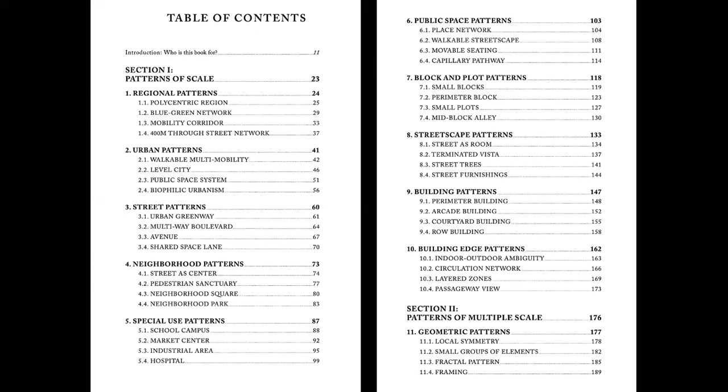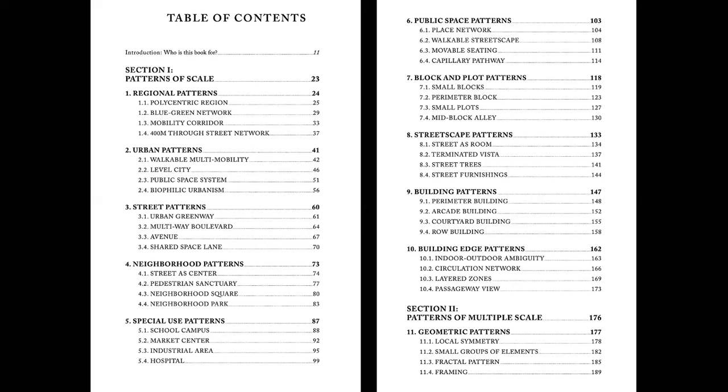And you'll see that a lot of these patterns look similar to the patterns in the original book, although they have a much greater focus on a global audience, particularly the audience of rapid urbanization. That's the context of the new pattern language for growing regions. There's much more attention paid to the global South.